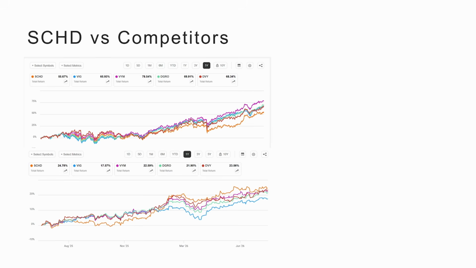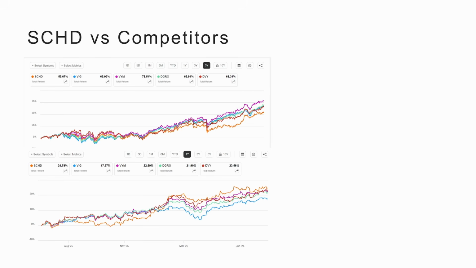It depends if you want the fast, quick return, or you want the outperformance in the steady compounding. But you can see over 5 years, they've actually been beaten by all 4 competitors. But in a year, they're actually beating every single one of them. So it just shows that maybe in the short term, that steady compounding actually beats the high volatility stuff.